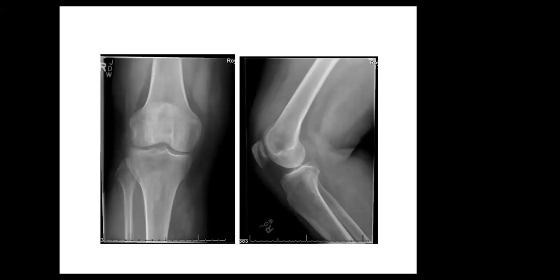X-ray of the knee, AP and lateral view. Regarding the tibia, there is abnormal lucency in the lower part of the patella, the lower aspect of the patella.